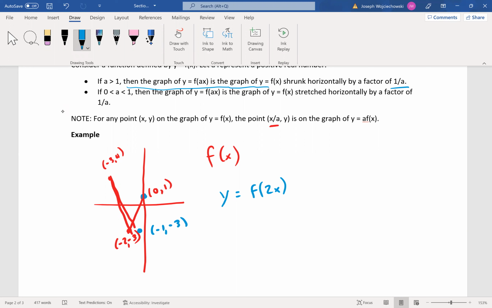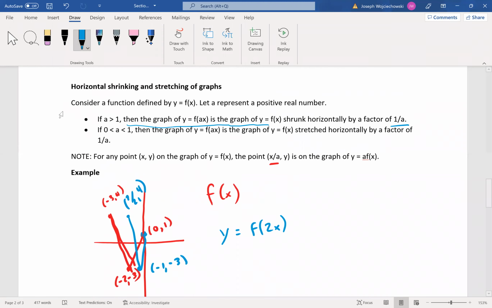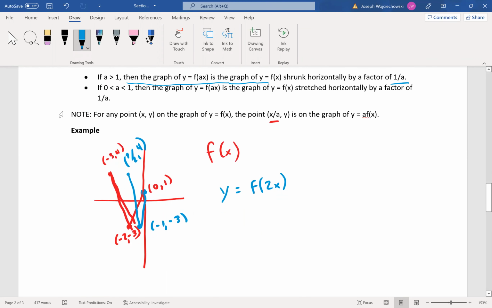Now instead of -3, 4, we have -3/2, 4. And so that is my new one. See how we vertically squeezed it? Or we horizontally shrunk it, one or the other. Kind of looks the same.